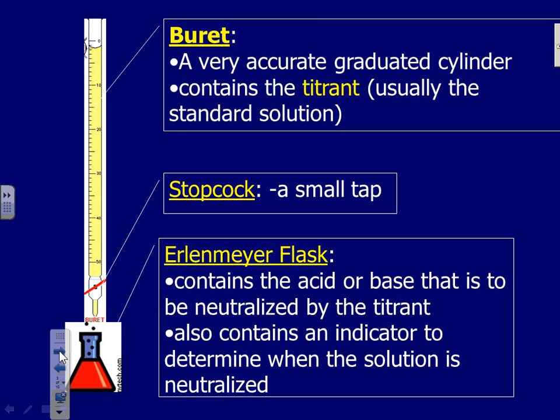So three main pieces of equipment: a buret, a very accurate graduated cylinder. You've seen those graduated cylinders before. They're tall, they've got lots of markings on them. This thing is very tall and very skinny, and it has many, many, many markings on it. I don't know if you can see the markings on the little buret that's up here in the picture, but it goes 10, 20, 30, 40, 50.